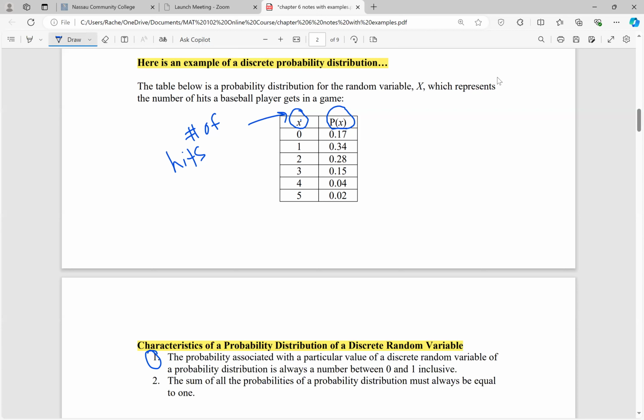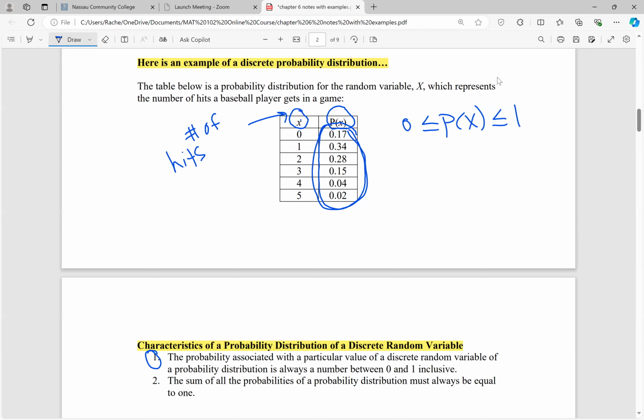And this goes back to what we discussed in chapter 5, that a probability always has to be between 0 and 1. You can't have a negative probability, and you can't have a probability greater than 1 because it doesn't make sense. So that property is satisfied here, because if you look at all these probabilities in this table, they're all between 0 and 1.